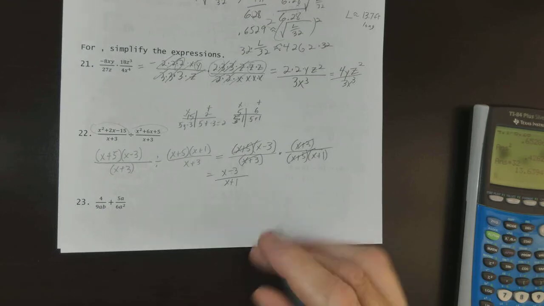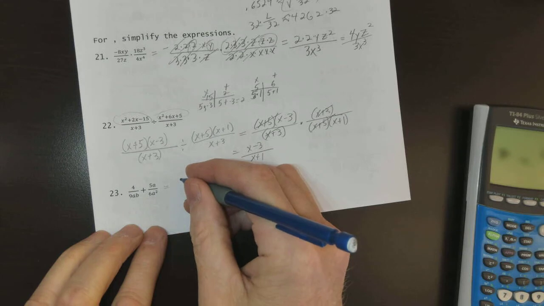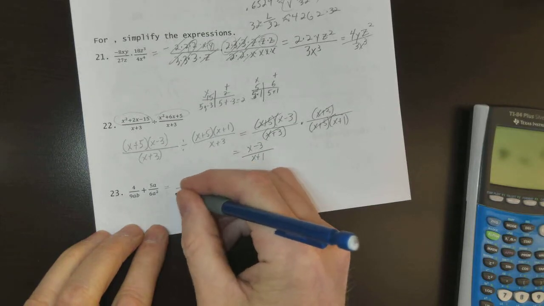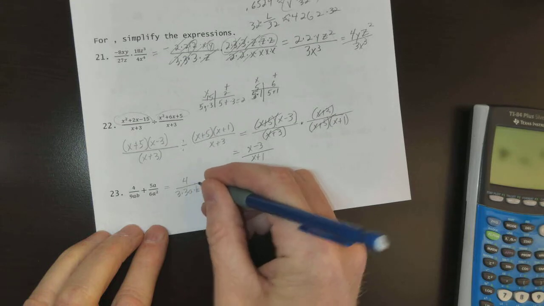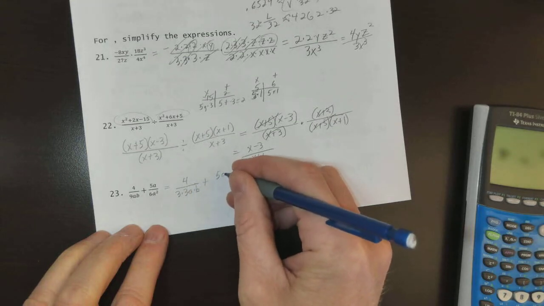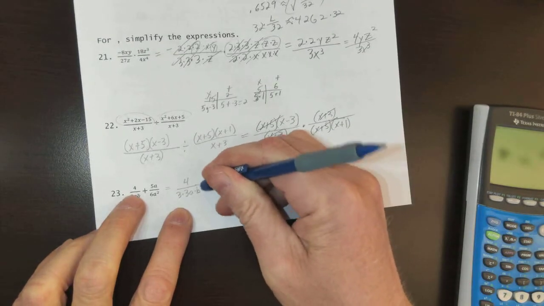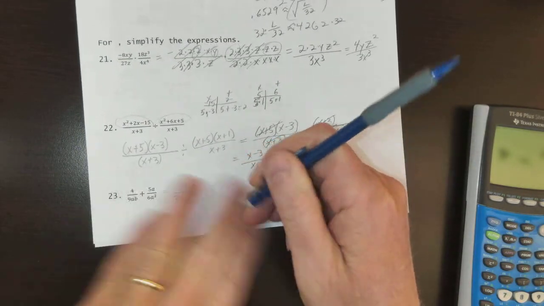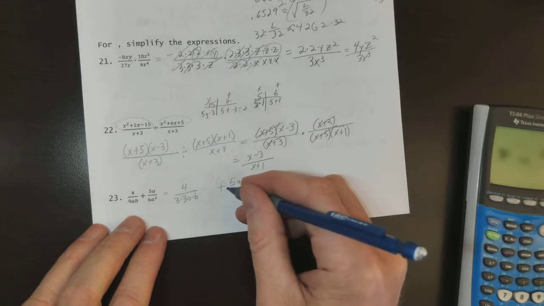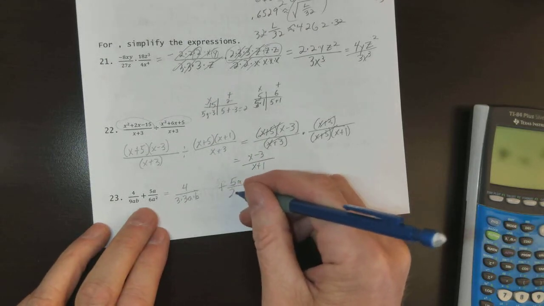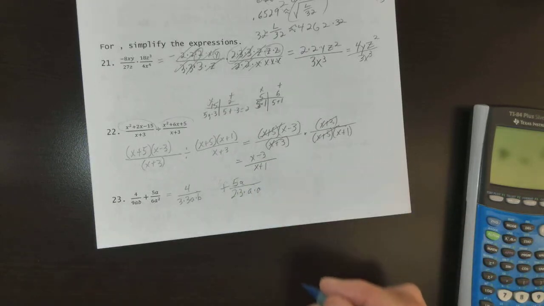I got 4 over 9ab. So I'm going to write that as 4 over 3 times A times B plus 5A over, give myself a little bit of room here, 2 times 3 for 6 times A for A squared.